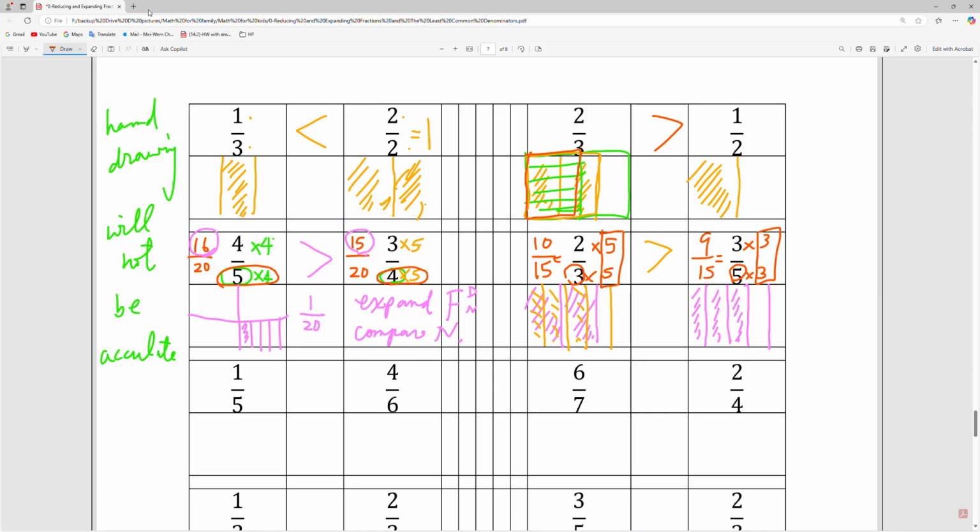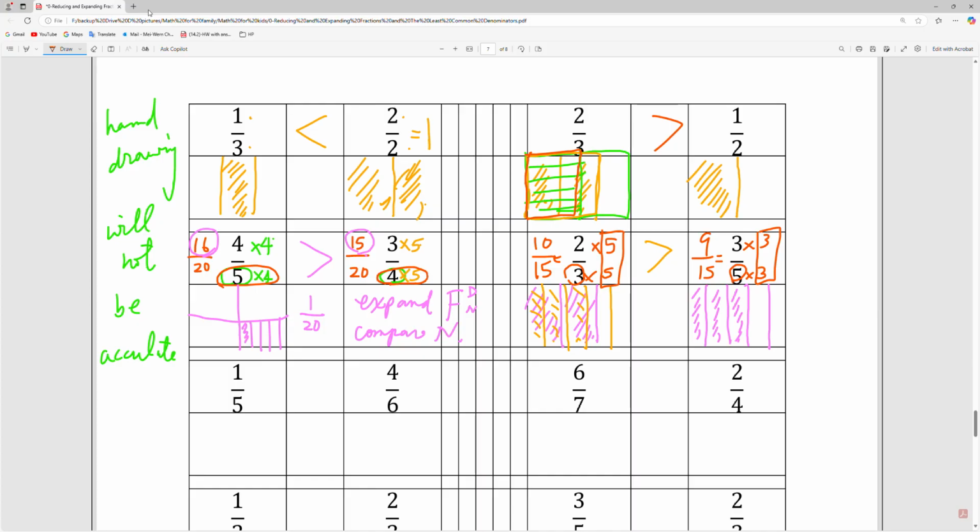You can see 10 and 9 are very close numbers, but 10 is still greater than 9. So I guessed right, my drawing is almost accurate. But when the numbers are so close, drawing to compare is not a very perfect choice.